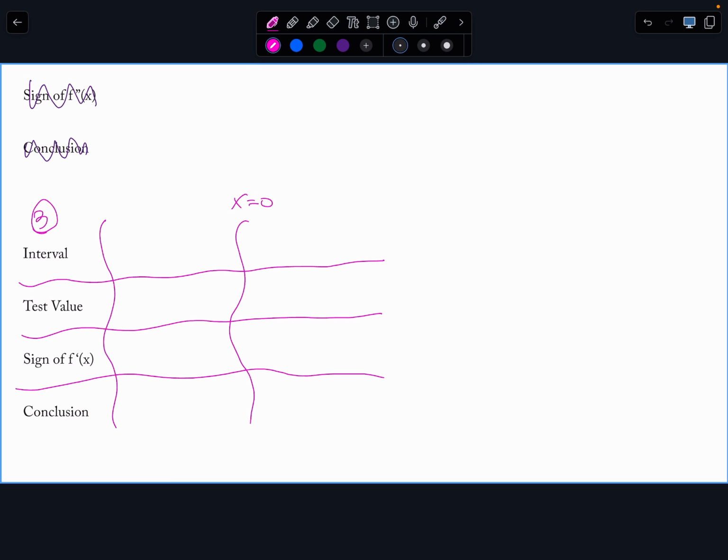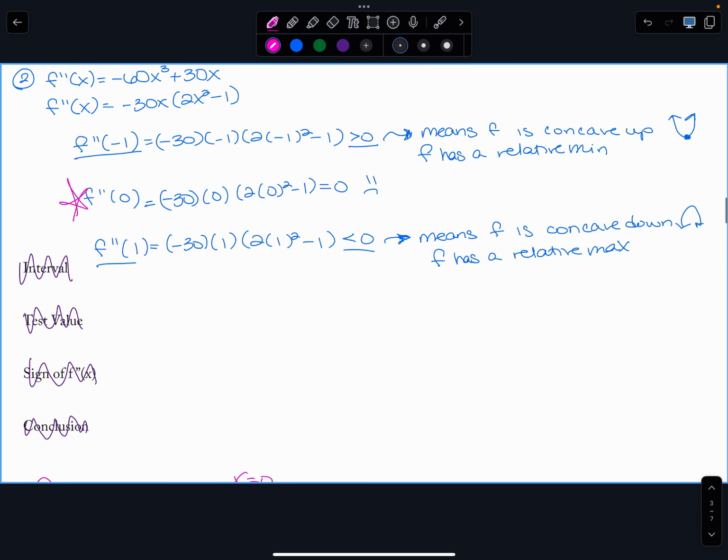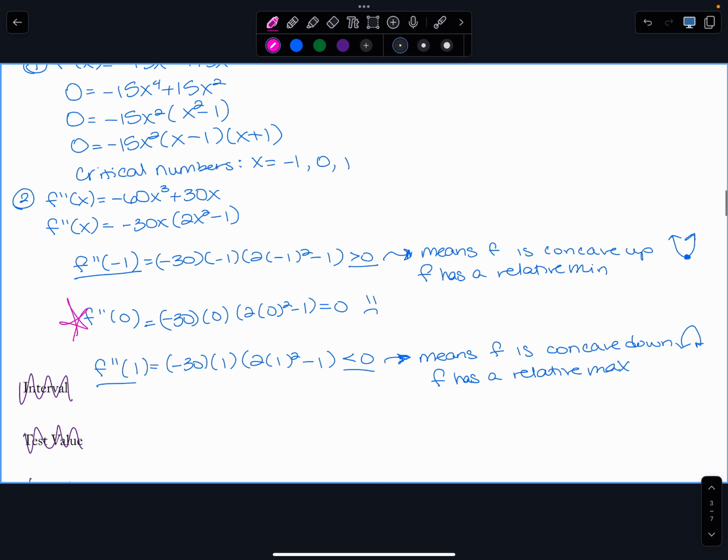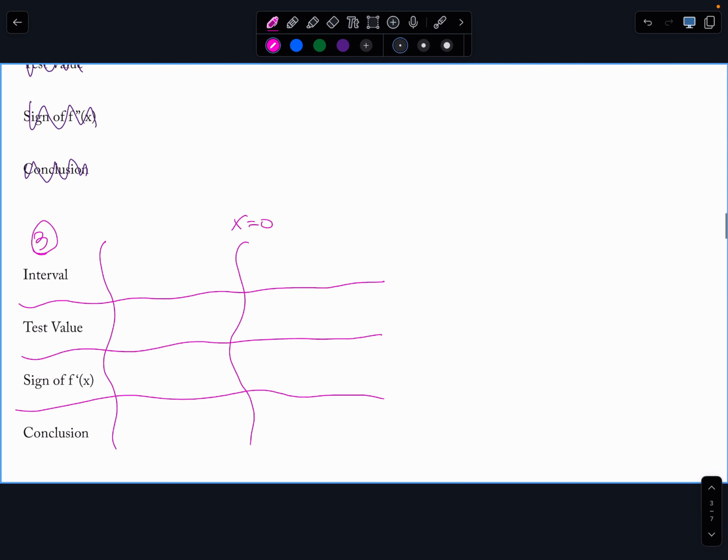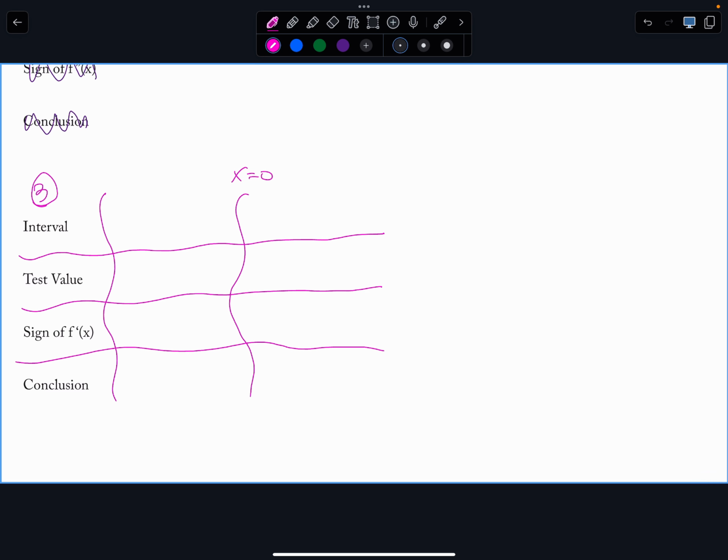So, because my critical numbers sandwich my 0 between -1 and 1, my interval here can only go from -1 to 0 and 0 to 1. I can't go outside -1 and +1. I have to stop it in that interval, which is very unfortunate because I had to pick a fraction.